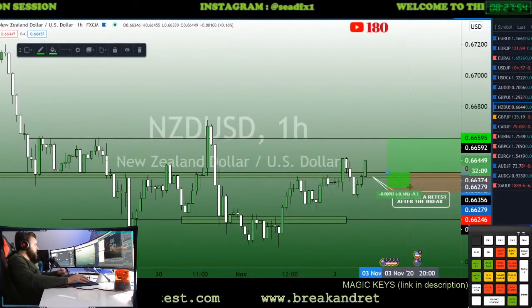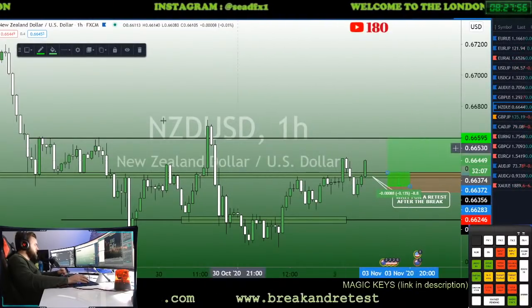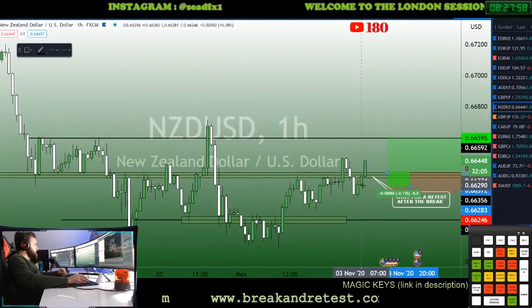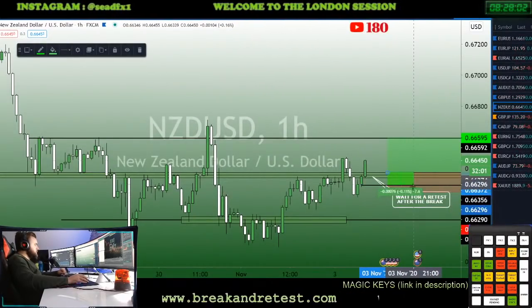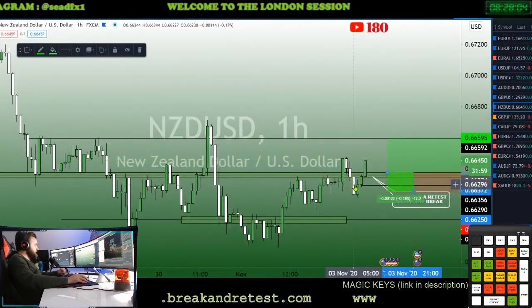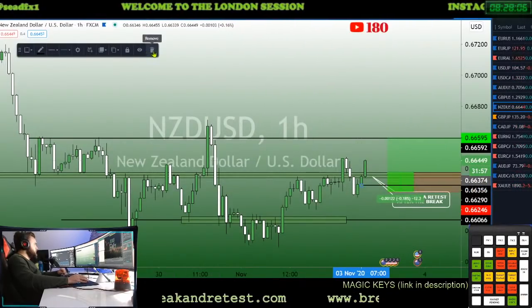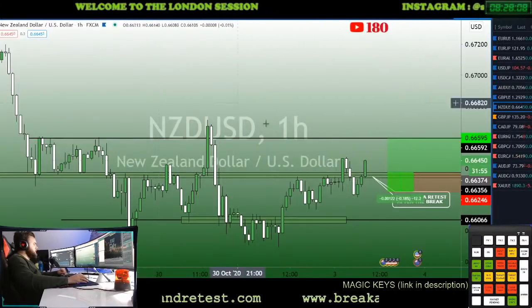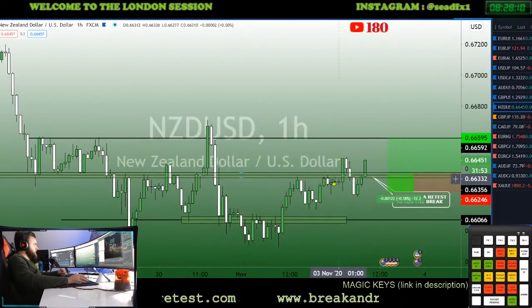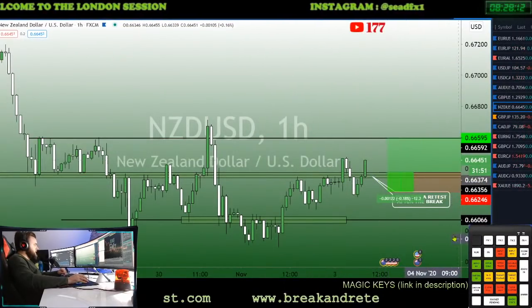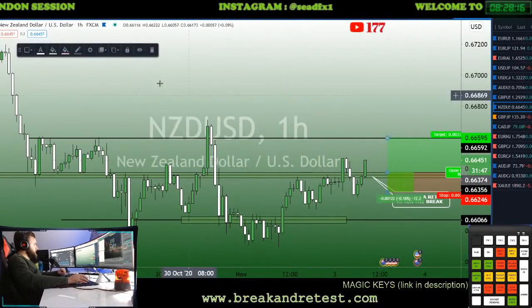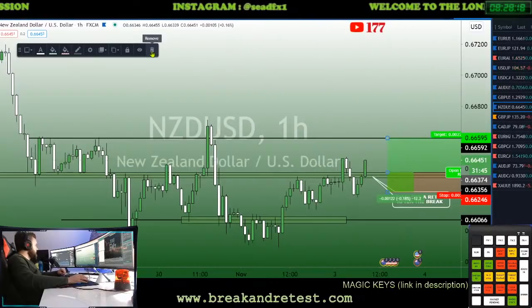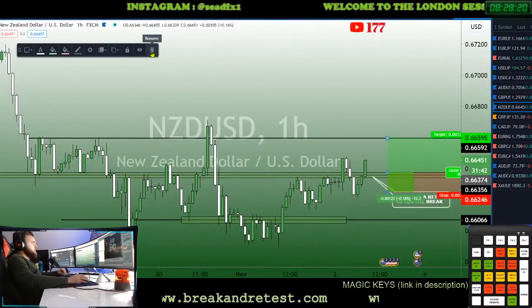I would probably put it just below this candle here, but we'll give it more space in case this turns out to be a fake out. We can give it more room, so when it closes back in the range, it can make a retest, and we can close that at break even. But we'll see.